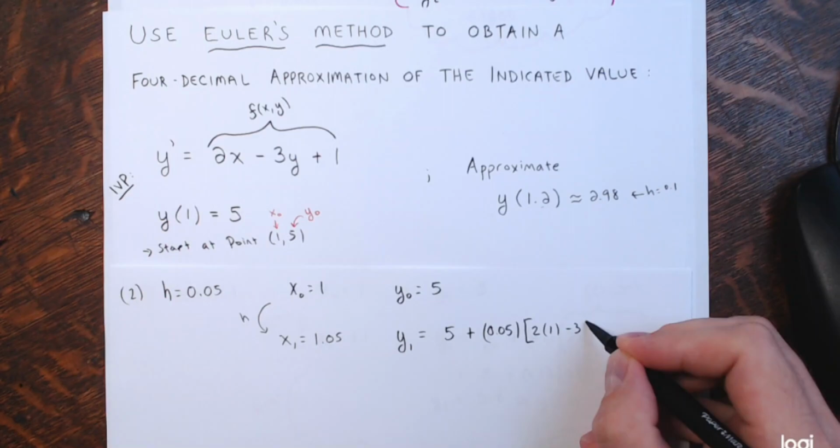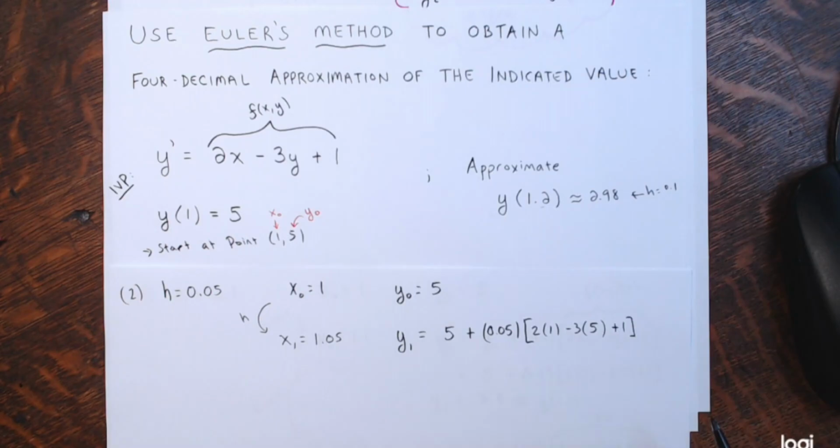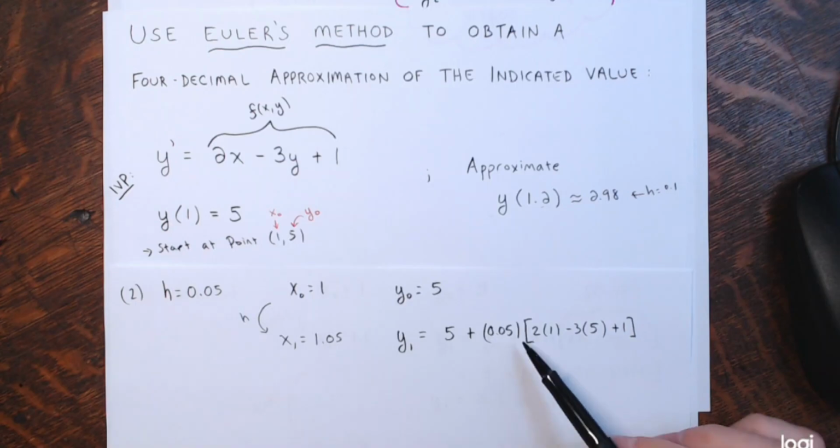And we get some sort of approximation here. Again, this is 2 minus 15. This is negative 12. 12 times 5 is 60. And so negative 12 times 5/100ths would be negative 60/100ths, or negative 0.6. So 5 minus 0.6, 4.4.